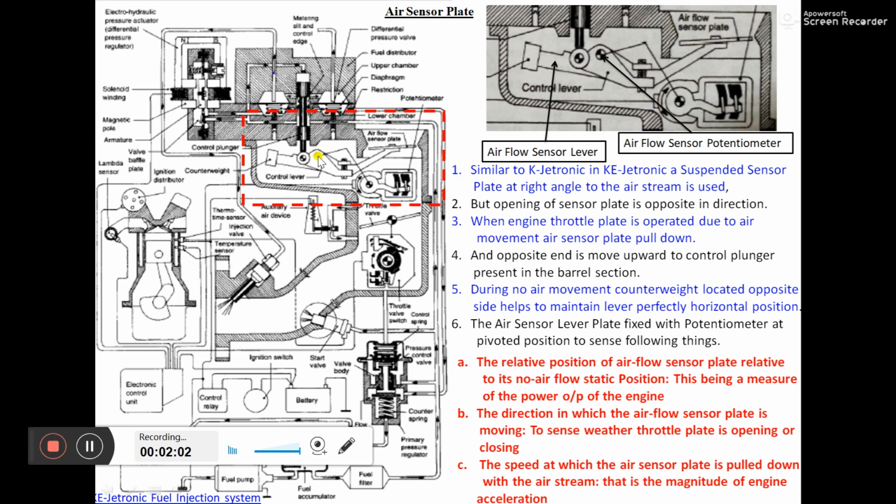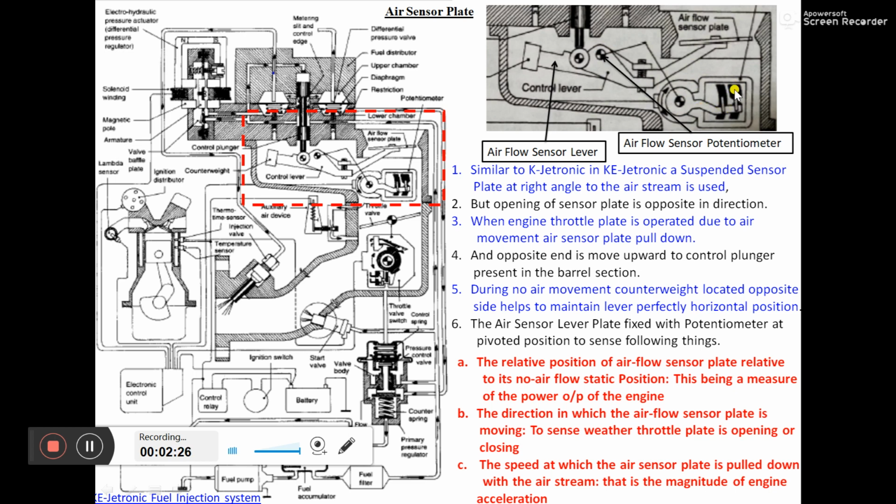Another thing, at the pivot there is a potentiometer sensor, the airflow sensor potentiometer. How it looks like this: with respect to the movement of this air sensor plate upward and downward, this arm also moves up and down.